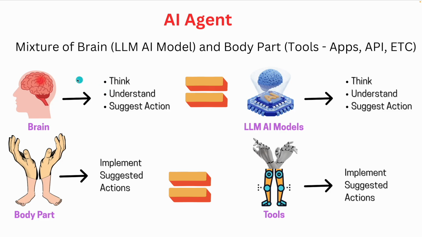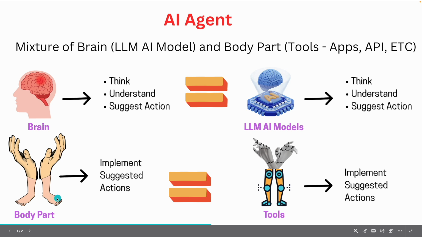So brain and body part both are important to complete any particular task. Our brain can think, understand, and suggest action. It cannot do anything on its own. It needs a body part so that it can perform the action, right?